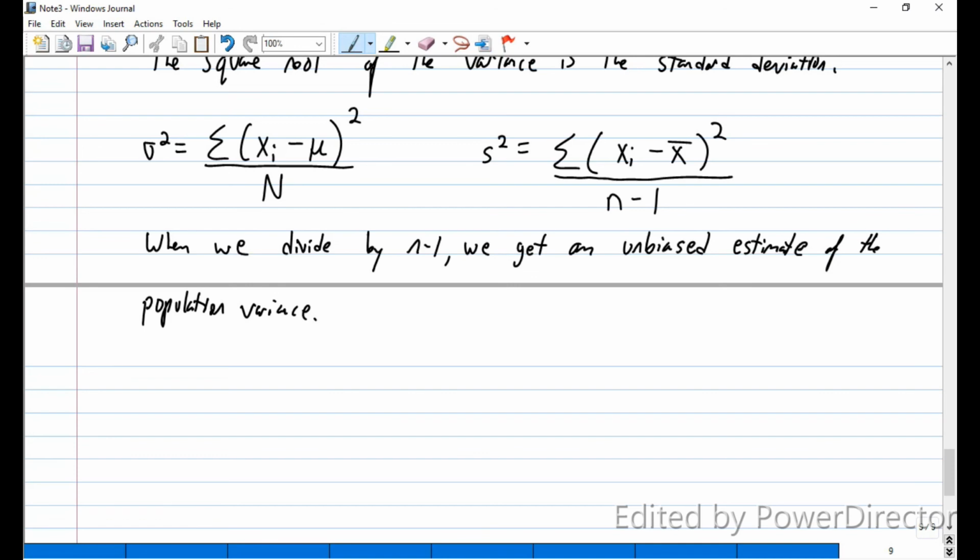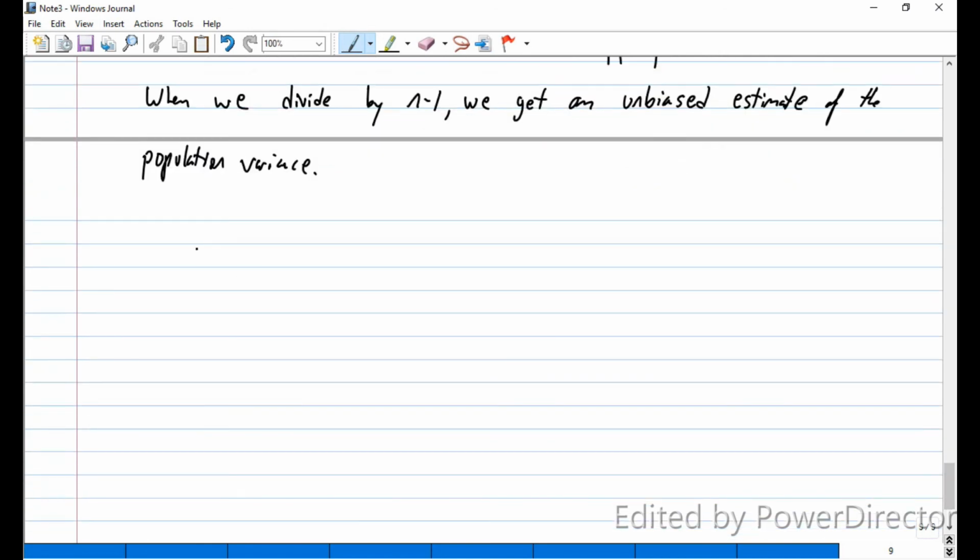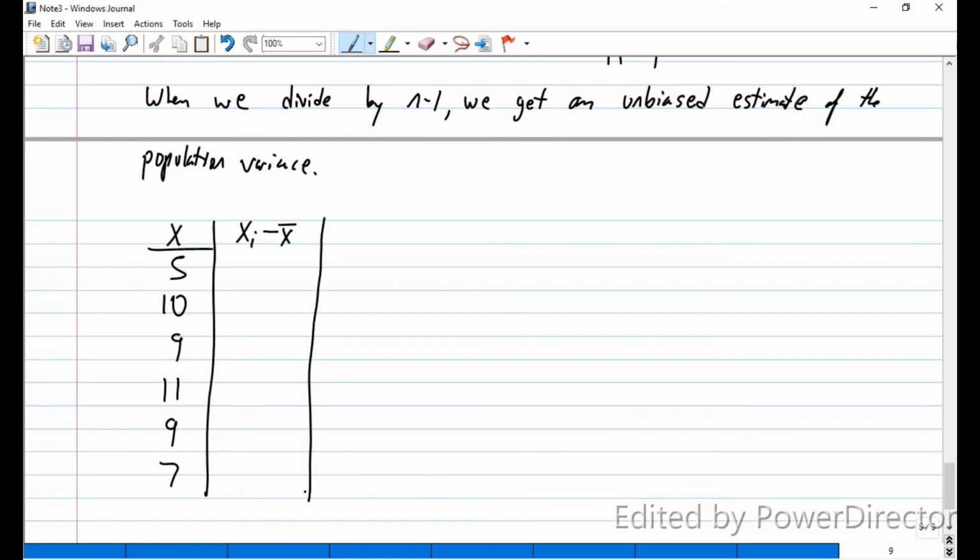So if we took that same data set that we had earlier, the one where we had 5, 10, 9, 11, and I'm going to copy some of this down from where I've already worked it out. And then we had the deviations, x sub i minus x bar. The mean was 8.5, right? So I'll write down how I get this answer. It's 8 minus 8.5.